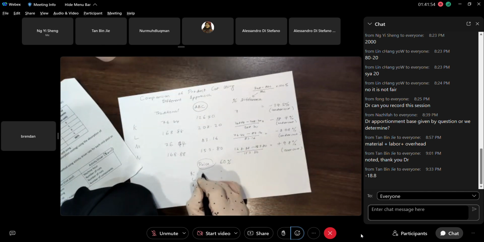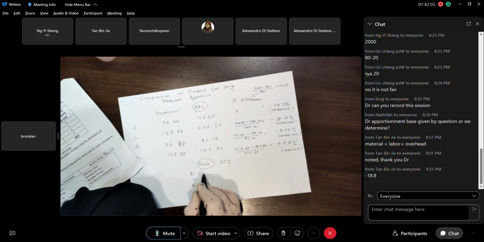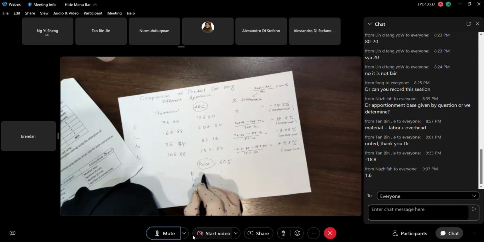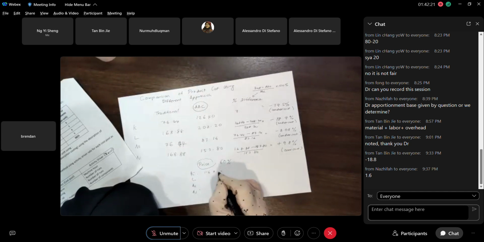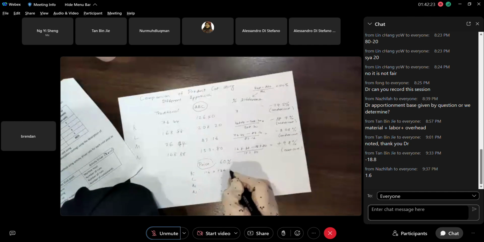So what is it here? 0.6? 1.6? Which one is easier to calculate the price? 1.6 ataupun 160%. 1.6 times 126.40.